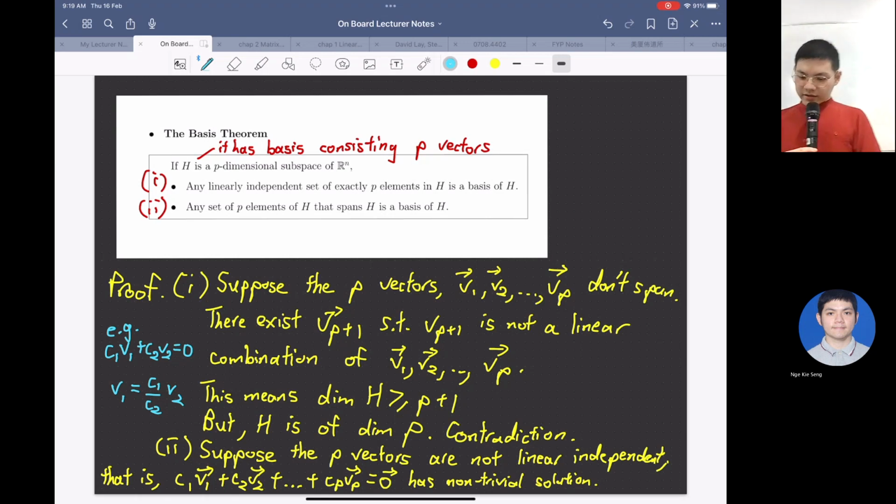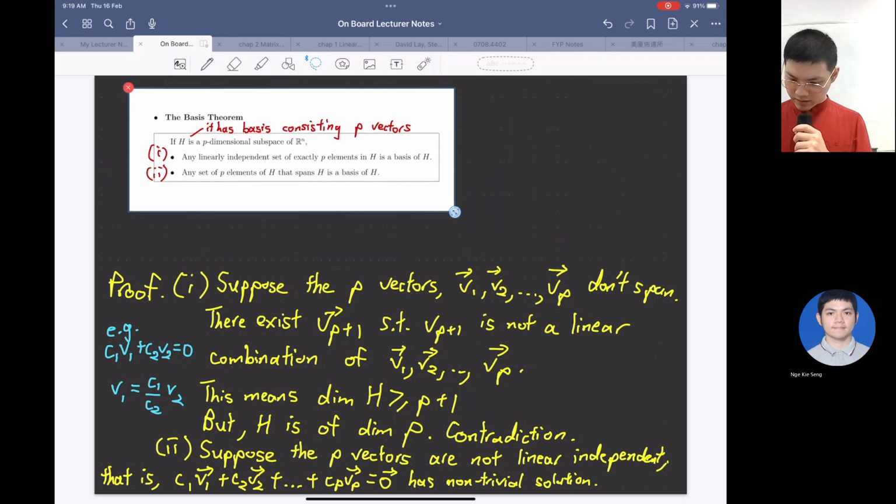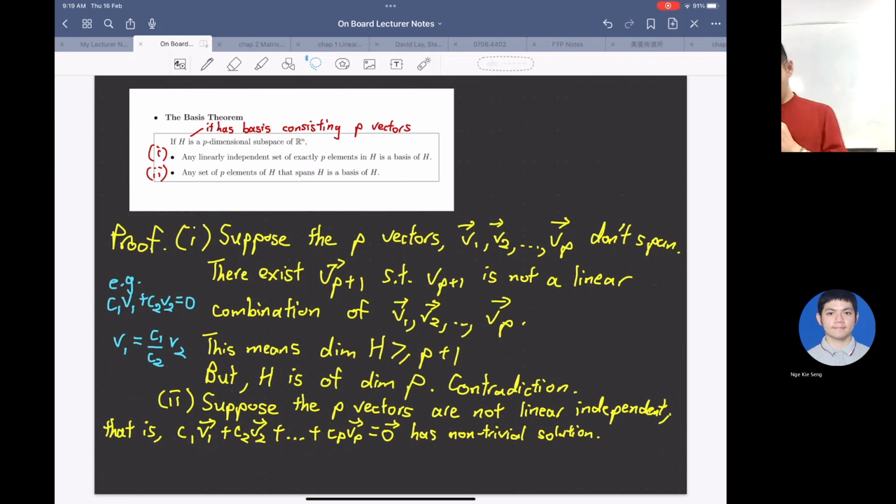Okay, the original plan is to contradict that it doesn't span H. Okay, I think we can. Let's see. So that means what?